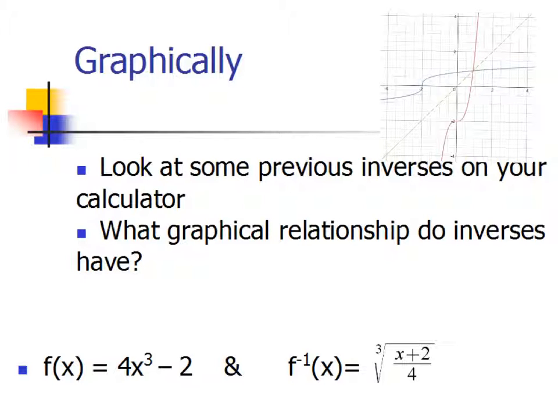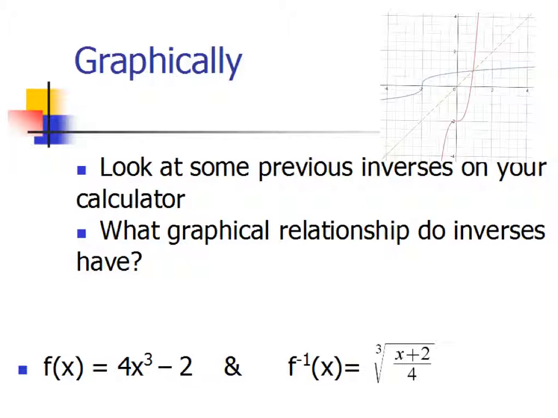you'll notice they are perfect reflections of one another over this y equals x, this basic parent linear equation. They reflect over that line perfectly. That will always be the case.